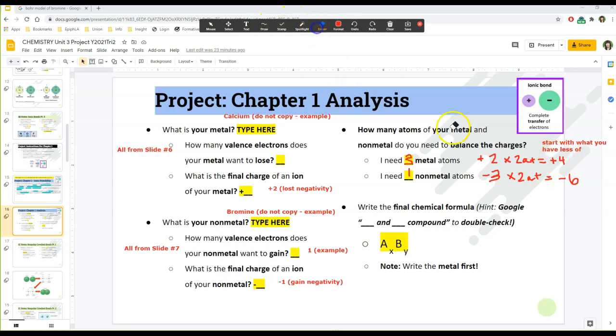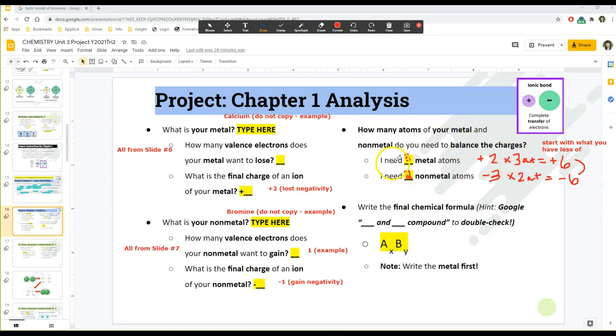So instead of multiplying it by 2, I'll try to multiply it by 3 atoms. And so that would give me a charge of +6, and now they're equal. So in this instance, I would need 3 of the metals and 2 of the nonmetals.